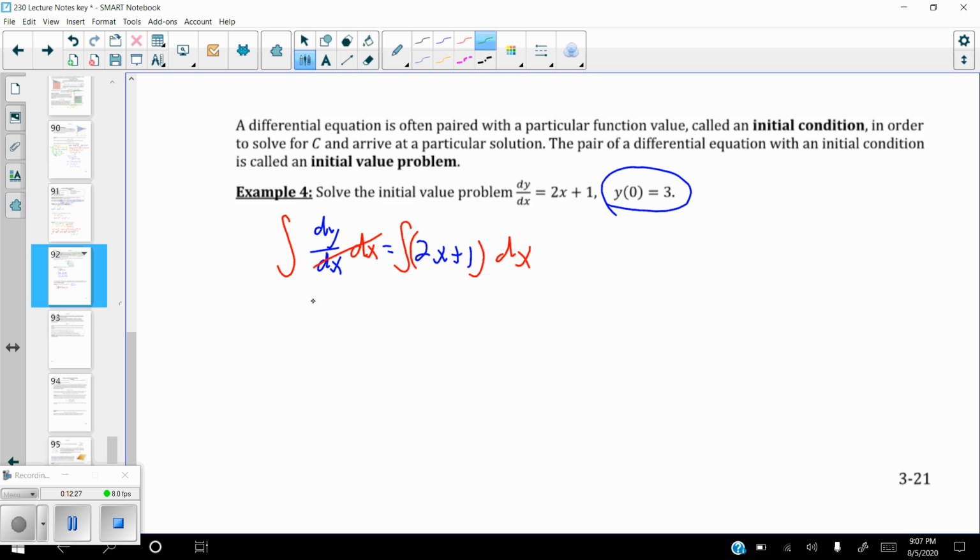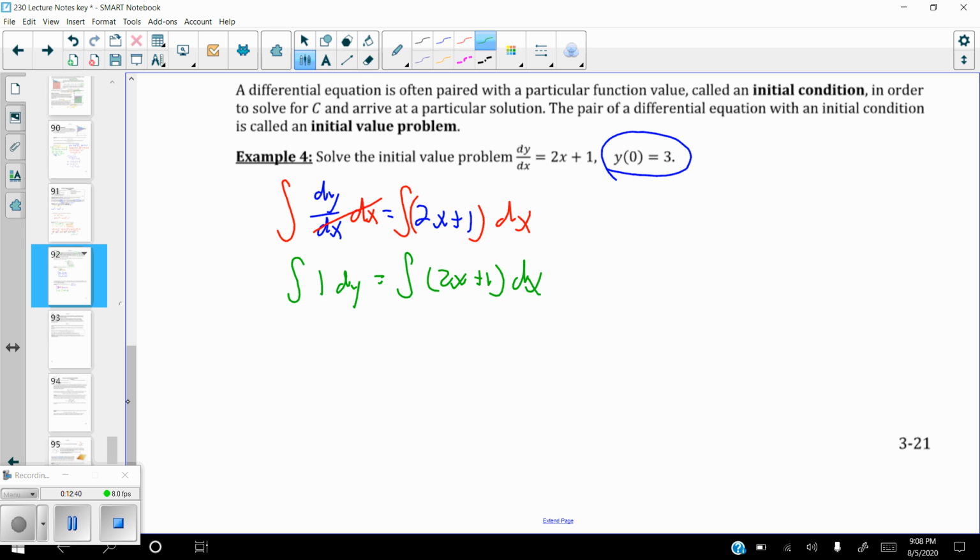Once again, we are left with the integral of 1 dy. On the right side, we have the integral of 2x plus 1 dx. So let's go ahead and integrate. The left side gives us y. The right side is going to give us x squared plus x plus c.